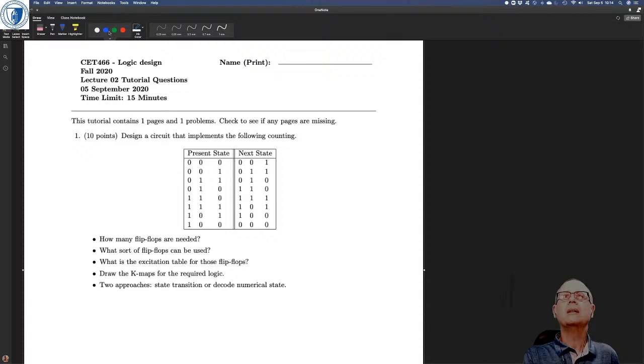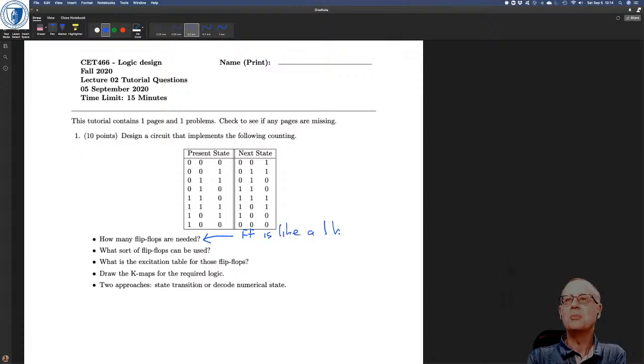So let me do this. So we had this first one, right? How many flip-flops? I said that a flip-flop is like a 1-bit memory. So that means that there are 3 bits of state.